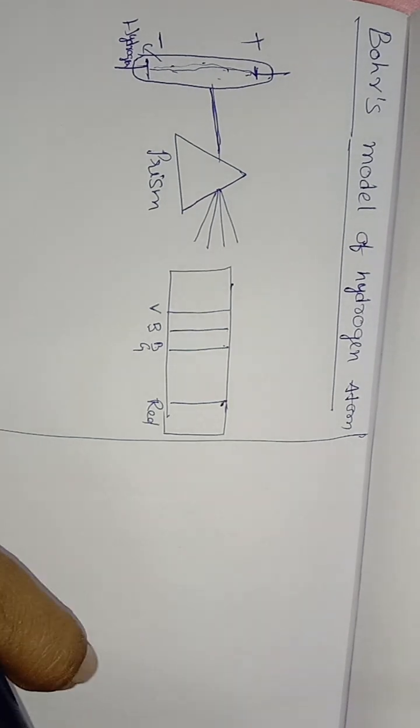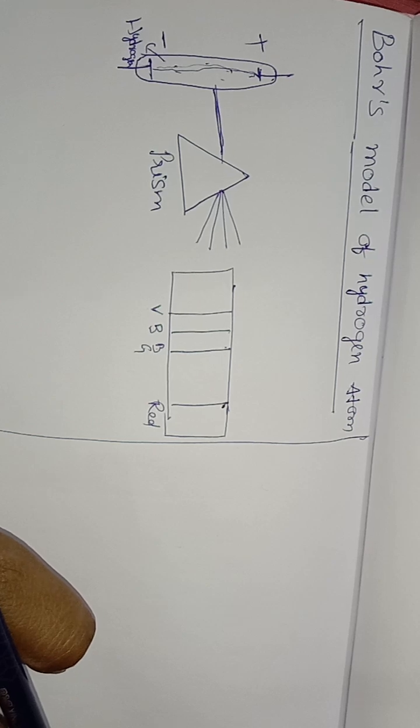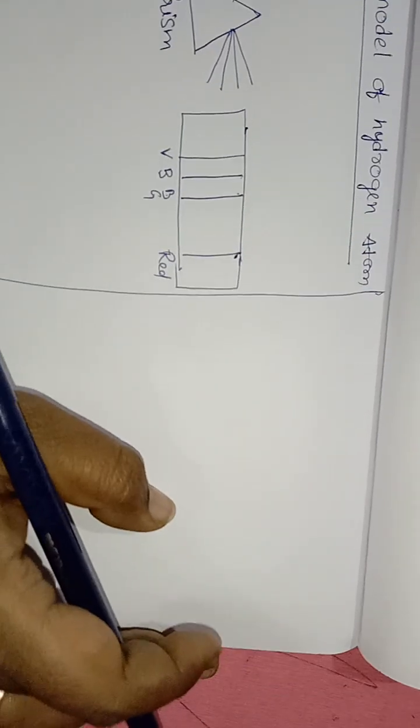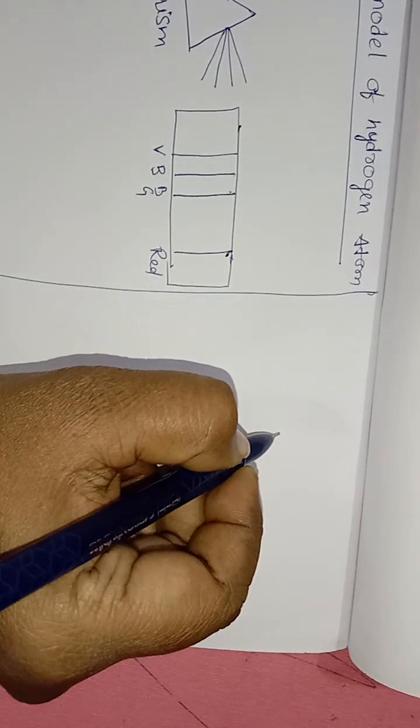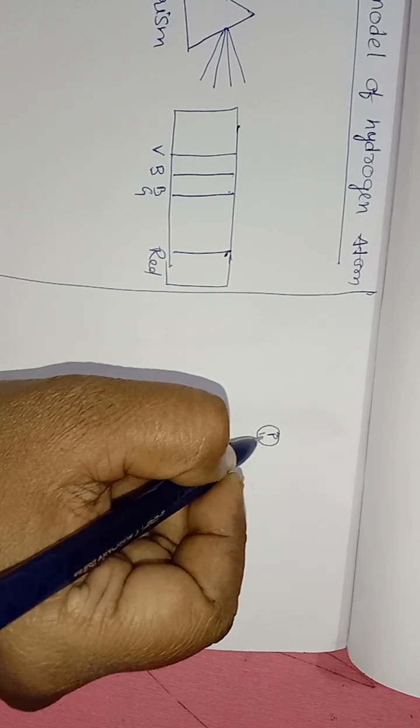From this he concluded that electrons in an atom occupy stationary orbits. Suppose the nucleus is there, and the nucleus contains protons and neutrons together.